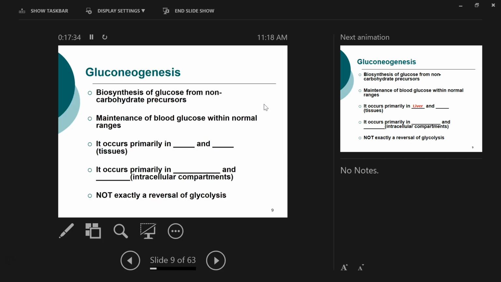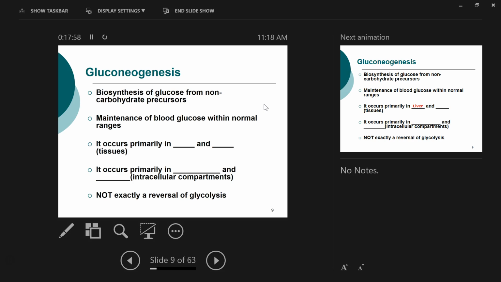Okay, now I think we have finished the metabolic pathways like glycolysis, TCA cycle, complete oxidation, and how the reducing equivalents generated from these pathways produce ATPs.